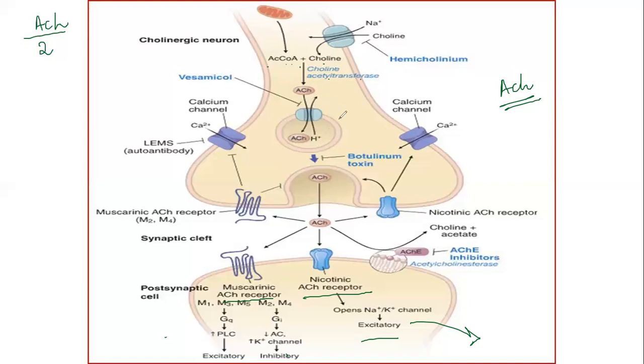Then these vesicles fuse with the plasma membrane in the process called exocytosis. We will study this further ahead, but I'm sure you guys know this. So through exocytosis it fuses with the plasma membrane. Then from the presynaptic neuron, it comes to the synaptic cleft. Correct? Now from the synaptic cleft, it will go and bind to its receptor.